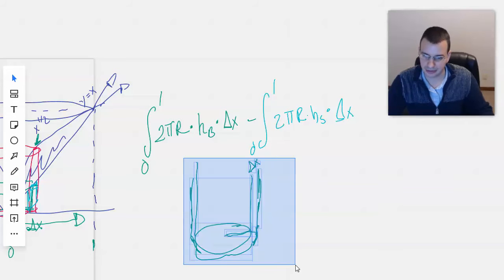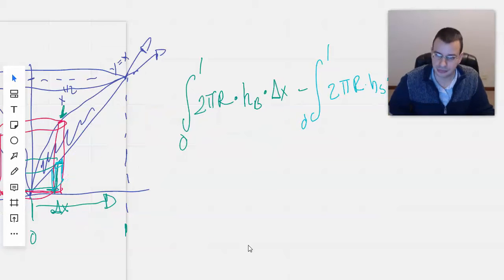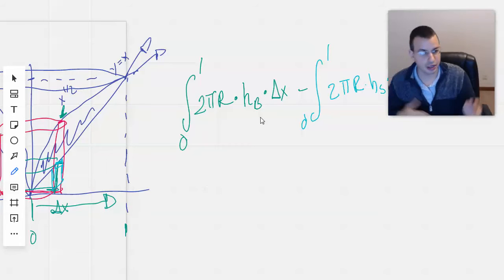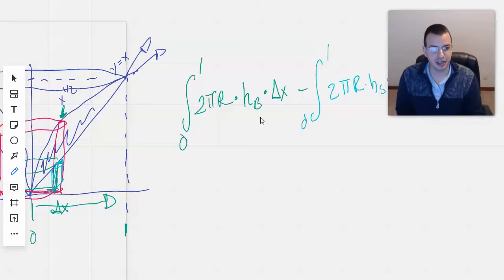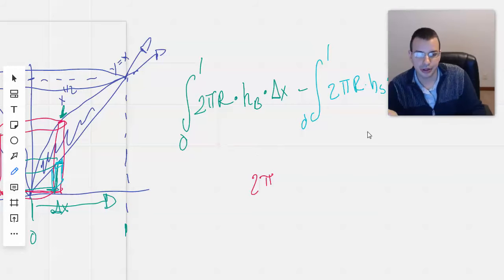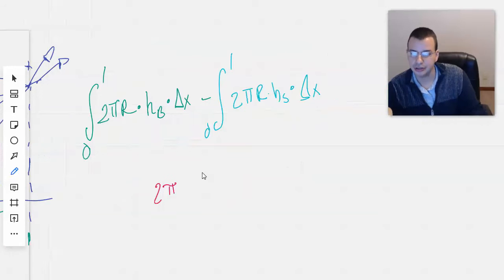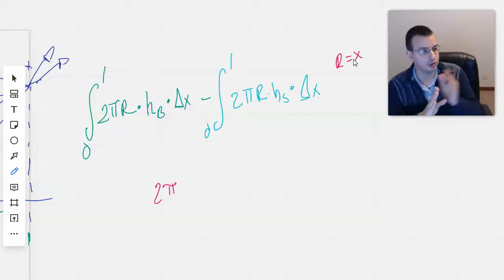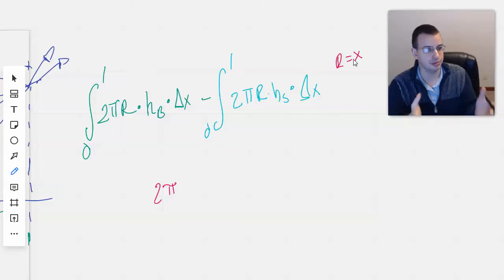Okay, and then to simplify this, since the 2 pi's will be the same, we can combine the two integrands, because they have the same limits of integration and the same delta x. So we'd have 2 pi, let's see here, r will equal x, because as we're moving along from 0 to 1, whatever the x value is will be the radius.